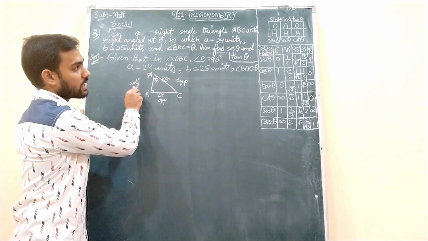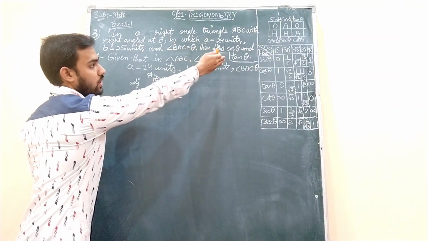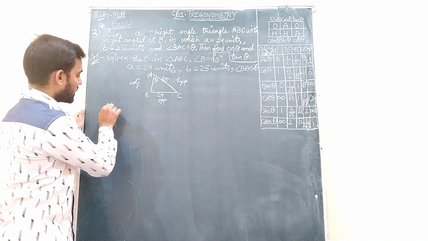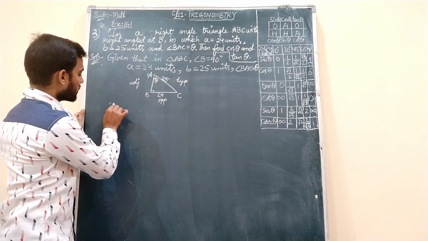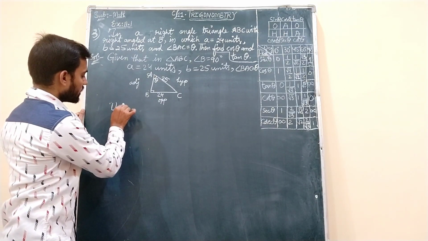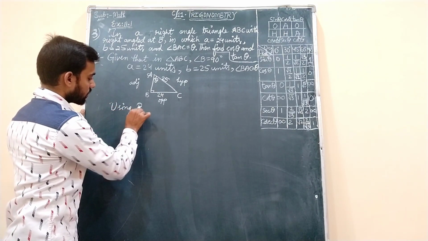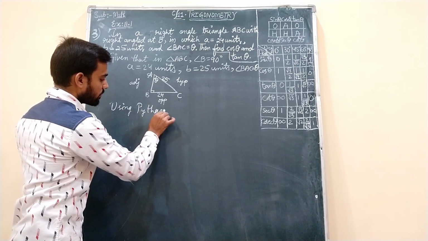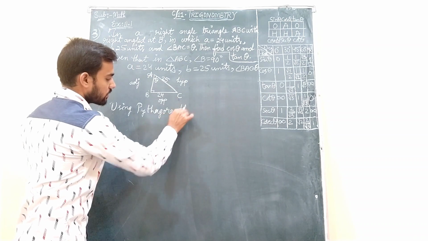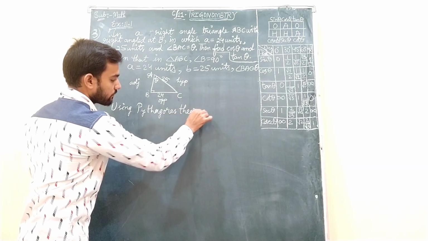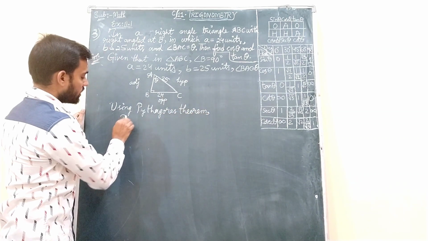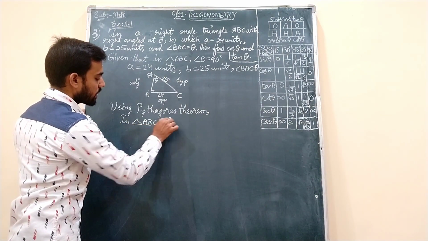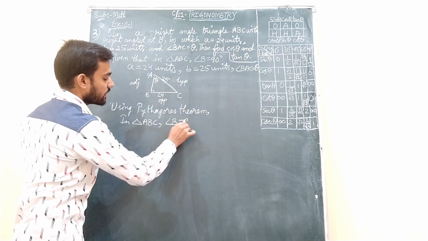But you require this AB side when you have to write cos theta and tan theta. Okay, so we will use Pythagoras theorem here also. Using Pythagoras theorem in triangle ABC, angle B is 90 degrees.